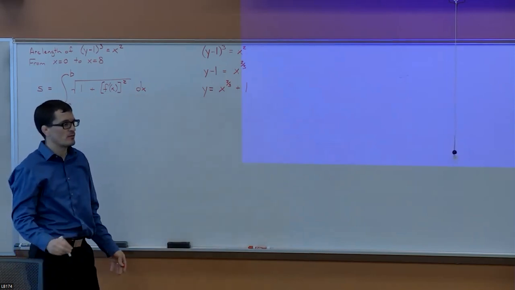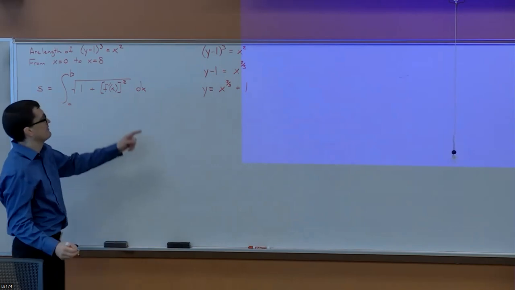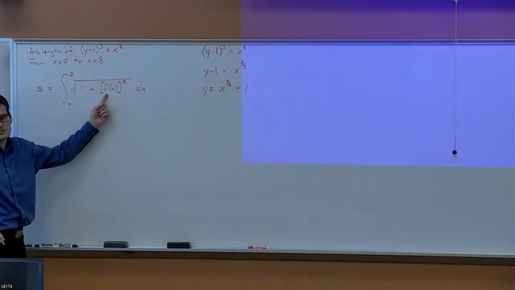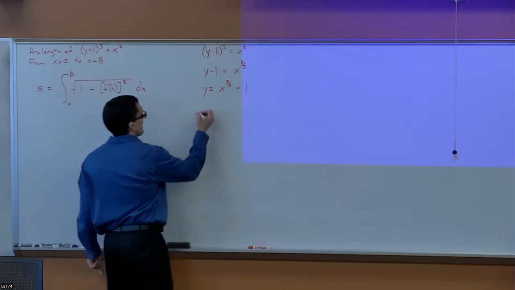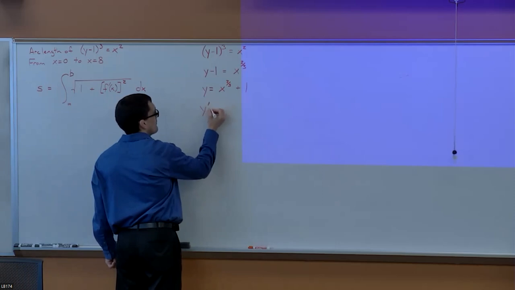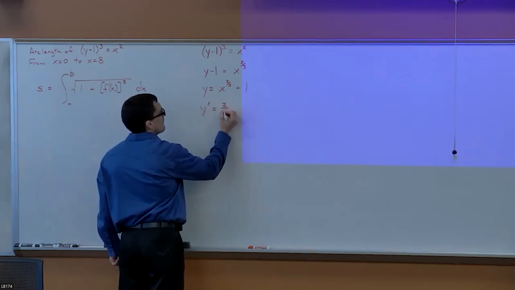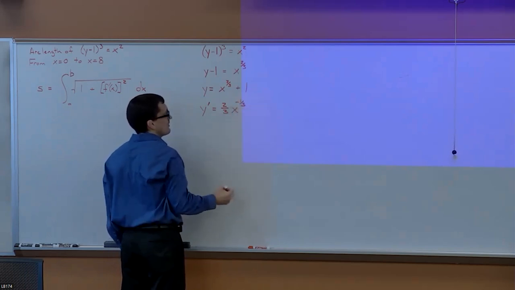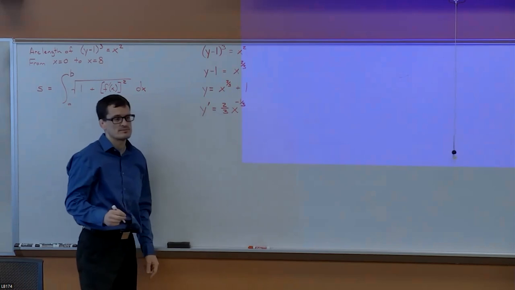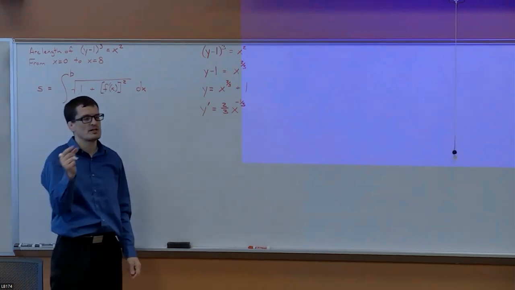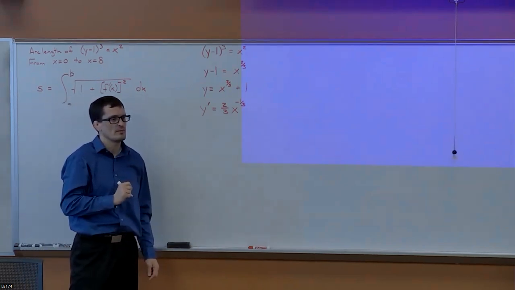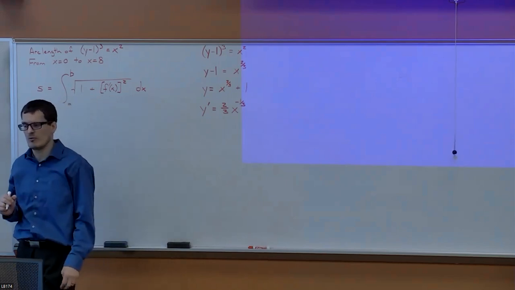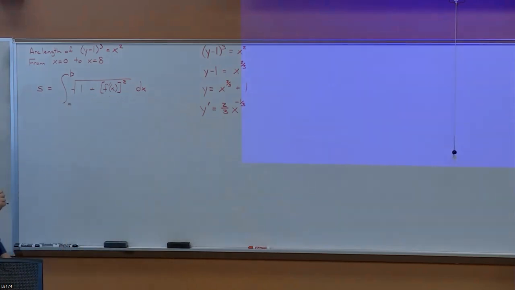Now, that's just solving for y. I don't need my function in here. I need the derivative of my function. So when I find y prime, 2/3 x to the negative 1/3 plus 0. Right? You take the exponent, put it out front, and then lower your exponent by 1. If I take 2/3 and lower it by 1, I get negative 1/3.